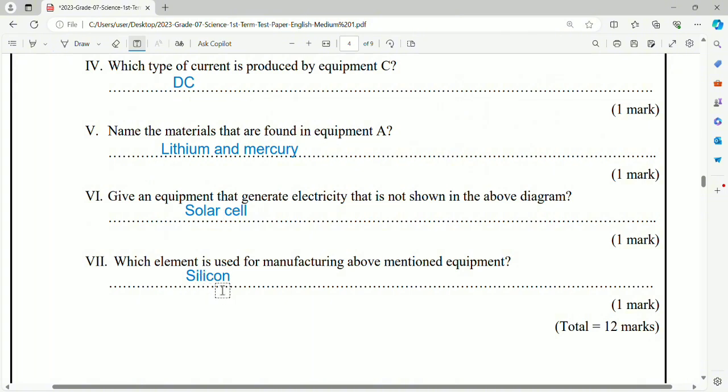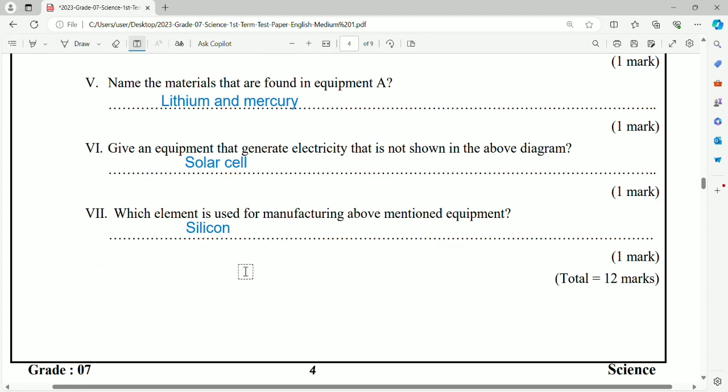We can get silicon from the soil. Our soil contains a large amount of silicon. By using this silicon, we can produce solar cells. Not only solar cells, but most electronic parts such as transistors and ICs. That's why we say Silicon Valley.